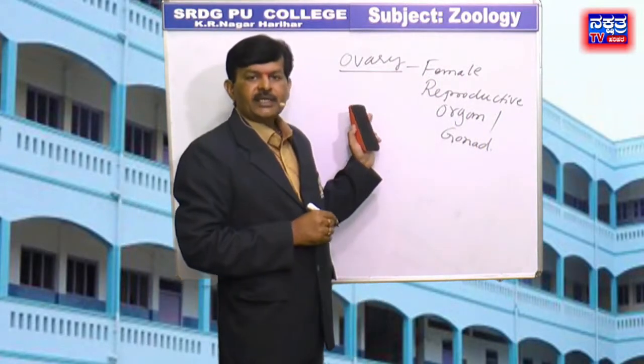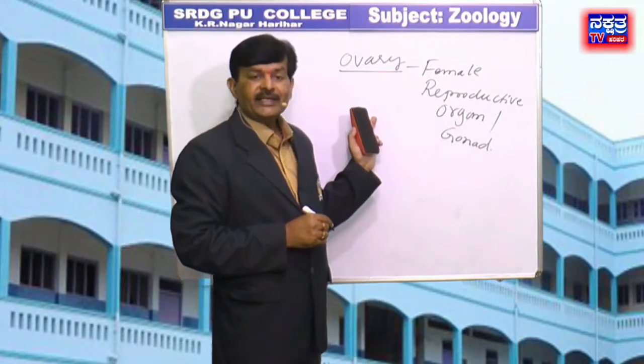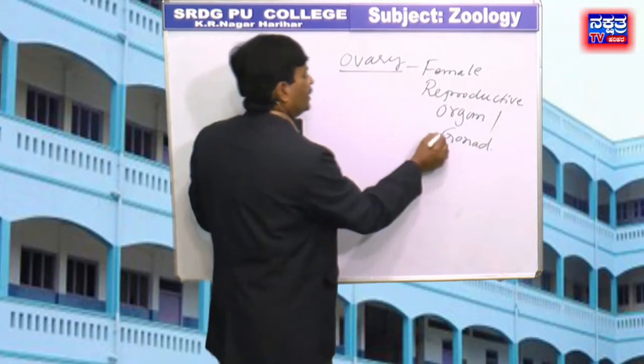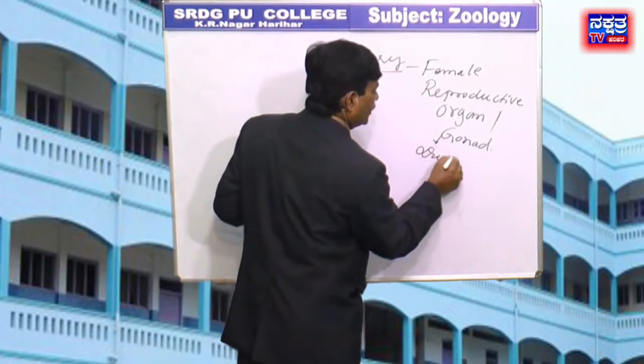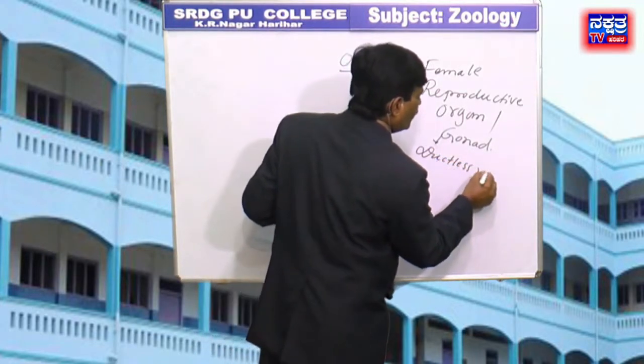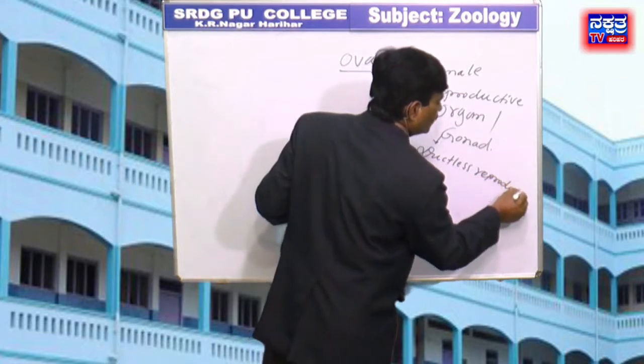The ovary is a ductless reproductive gland.